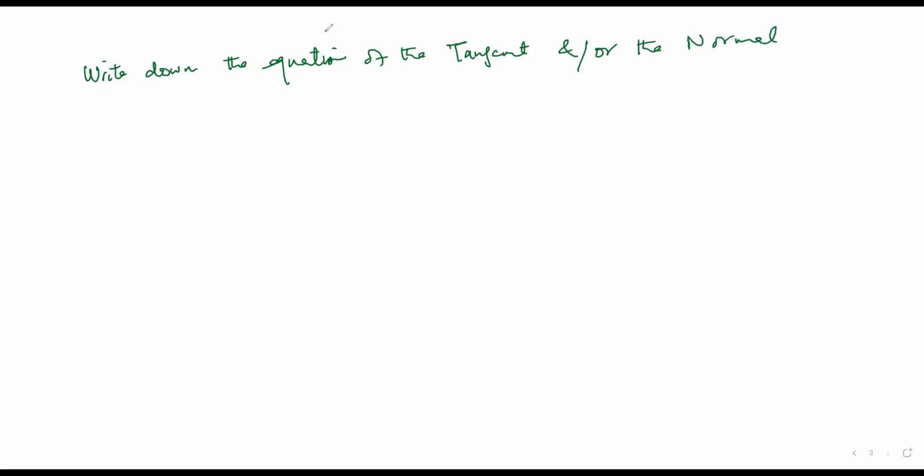Now, suppose the equation of the curve is y is equal to x minus 1 over x, and you have a point, let's say I'm going to take a weird point here, suppose you have 1 comma 0. That is the point at which you have to find out the equation of the tangent.